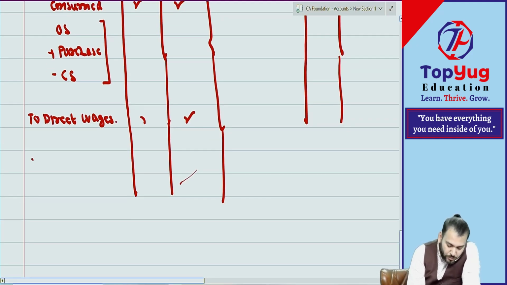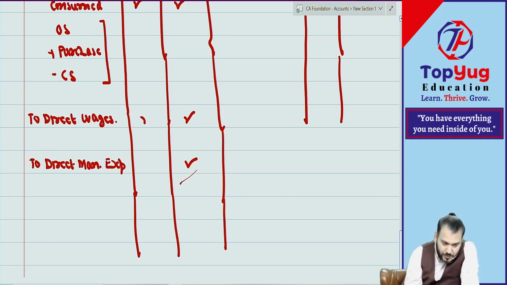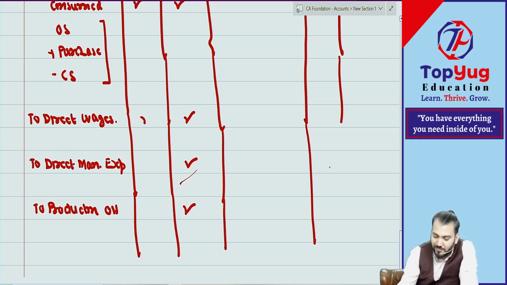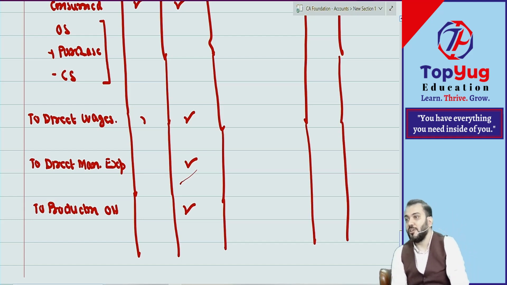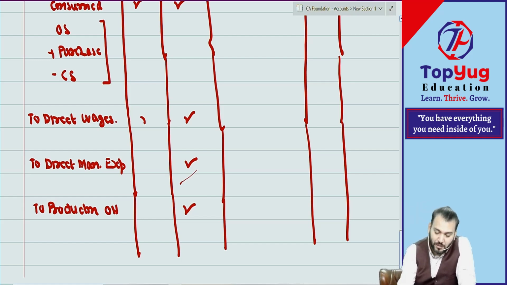Then we write To direct manufacturing expenses. Then we write To production OH. OH means overhead. You know everything, you are super. Then done.